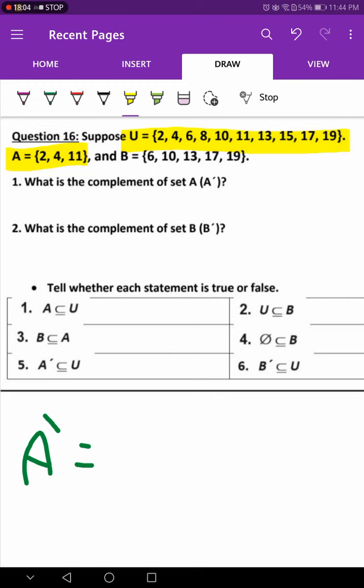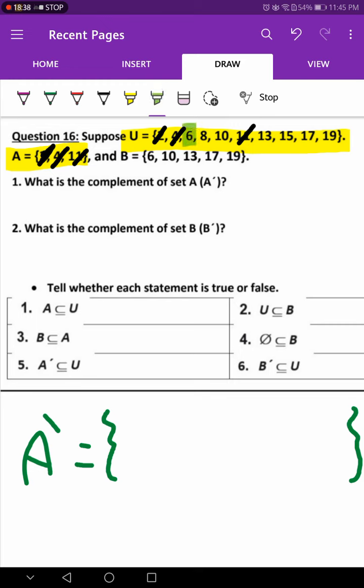So cancel the common elements between them: 2, 4, and 11. I cancel them. The rest of the elements are the A complement. Then you write, I open the braces like this, and take what is left, the rest of the elements in the universal set.